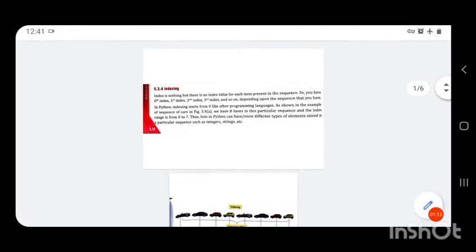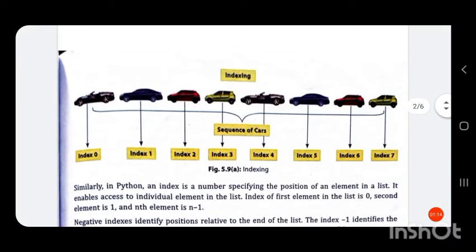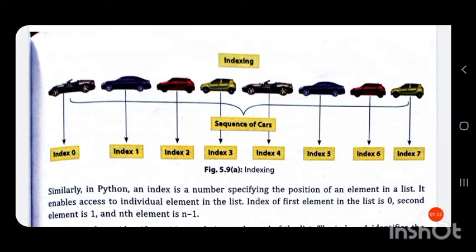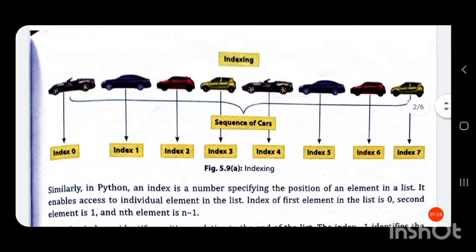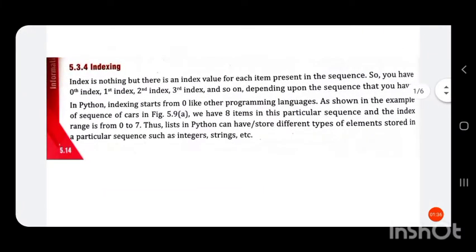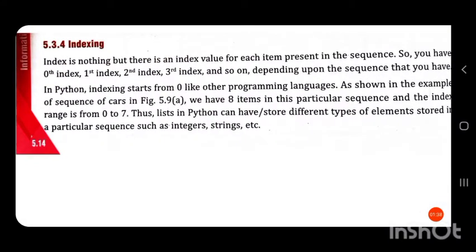Here in the figure you can see a sequence of cars, and the car which is at the first position has index 0, the next one has index 1 and so on, index 2, index 3, index 4 and so on. This is how the indexing is given to each item in a list.